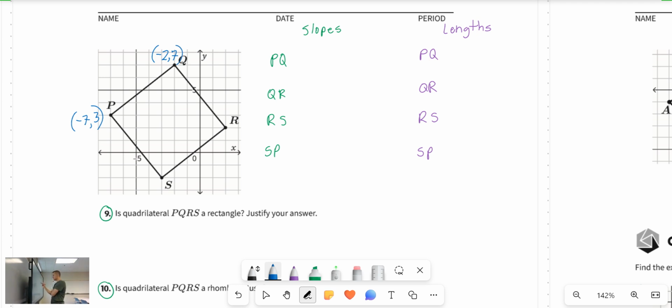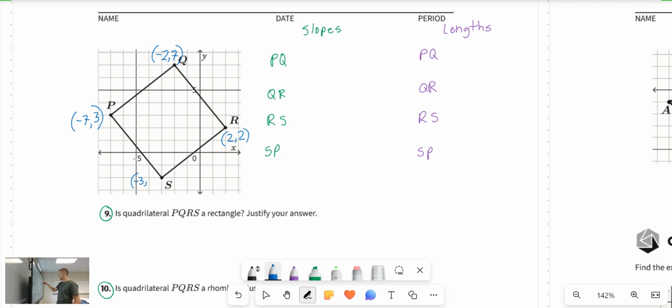R appears to be at 2, 2, and S looks to be at -3, comma, where is it height-wise?